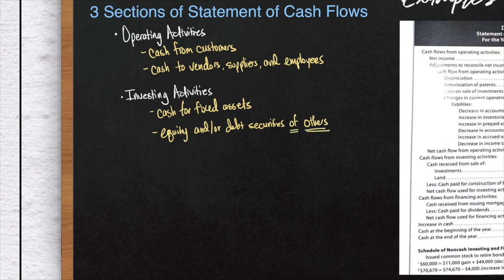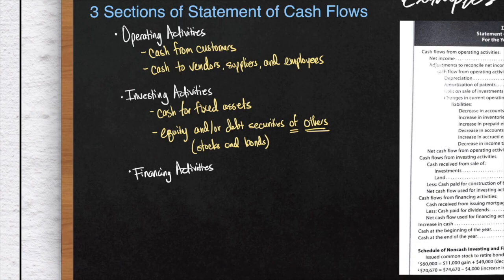This is other companies, meaning let's say you're the company and you invest in other companies by buying their stock or letting them borrow money through bonds. So that is called investing activities.